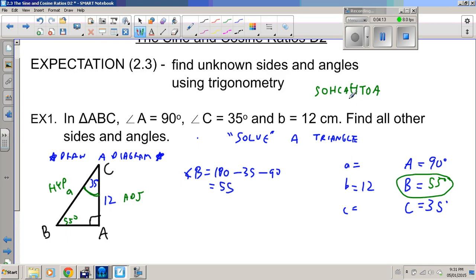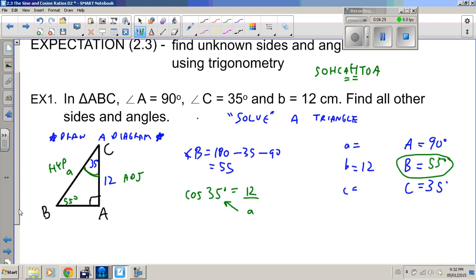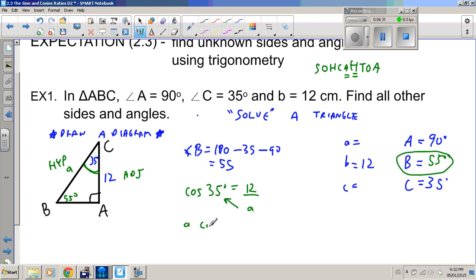So adjacent and hypotenuse, I'm going to write down the cosine. The cosine of 35 degrees is equal to the adjacent 12 over the hypotenuse little a. And remember, when A is on the bottom, it's an extra step. It's a little bit of a hassle when it's the hypotenuse I want to find, but most of you are getting used to these two just switch places.